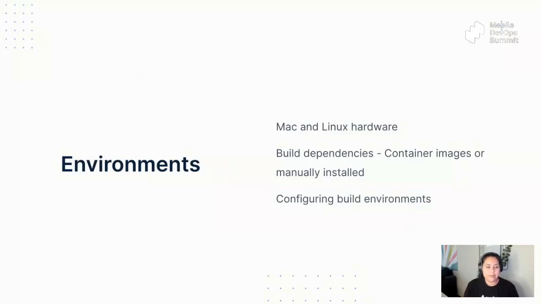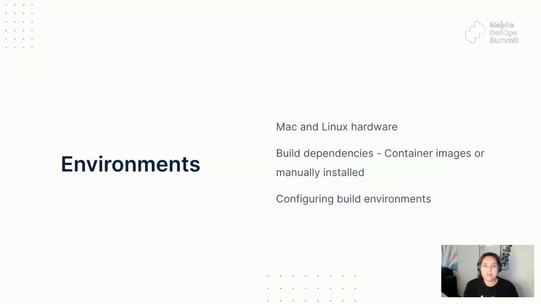If you're using container images and there is a required update to a dependency, you'll need to version those to ensure that you're using the most recent version, and also consider what platform and build type that you're using. If you're manually installing them, you may have multiple different configuration files or configuration objects within a single file that will then be referenced when you're installing the dependencies on that machine.